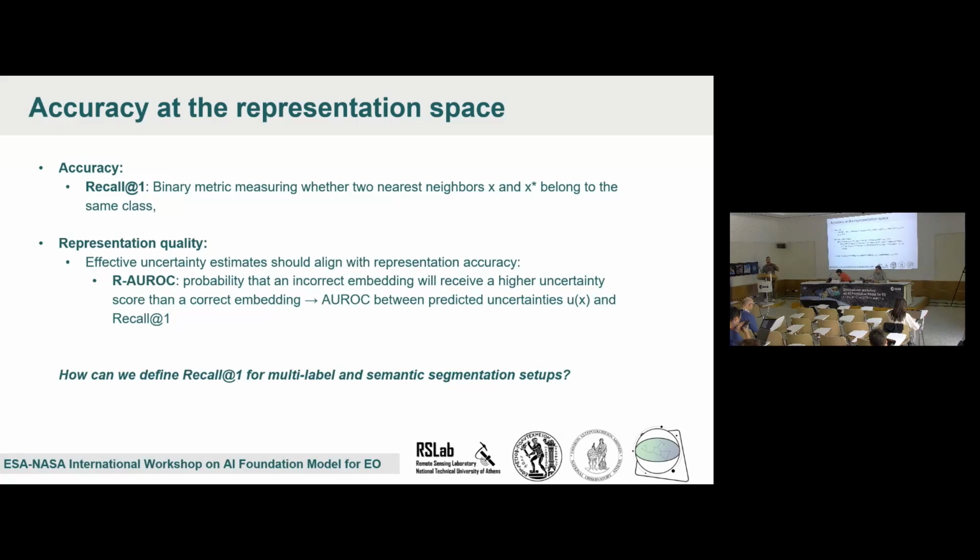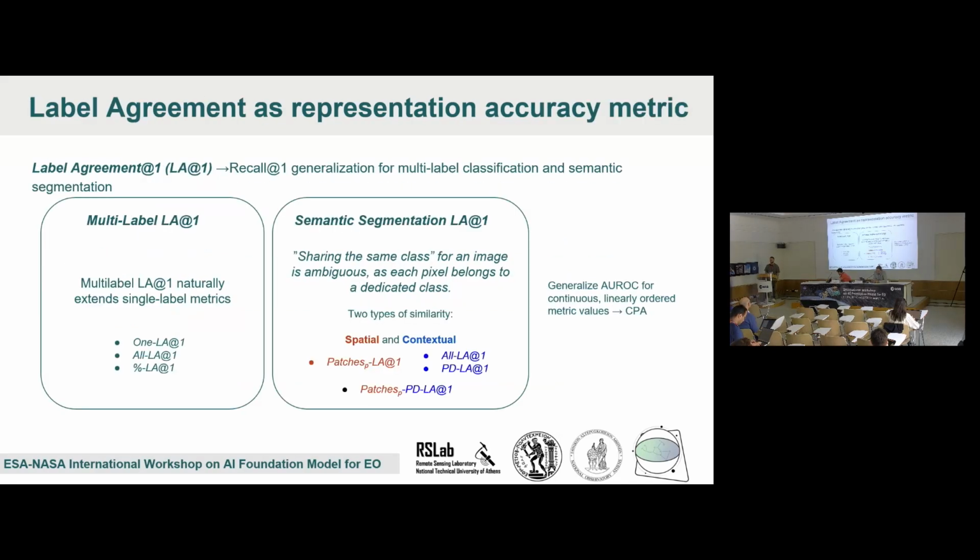If we want to translate that to an uncertainty quality estimation, we can just compute the ROC between the predicted uncertainty and this accuracy. The problem is that recall at one operates on a single label, and the transition to multi-label setups and semantic segmentation setups is really abstract. So we have to deal with it before going on with our investigation.